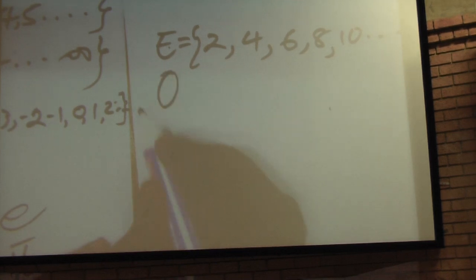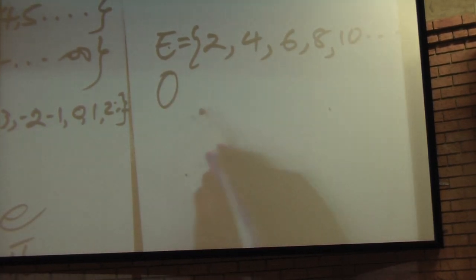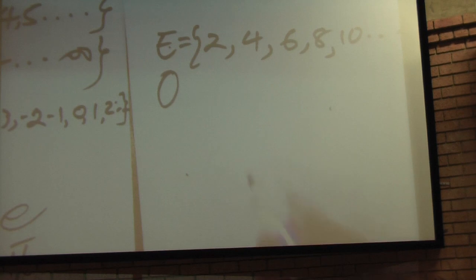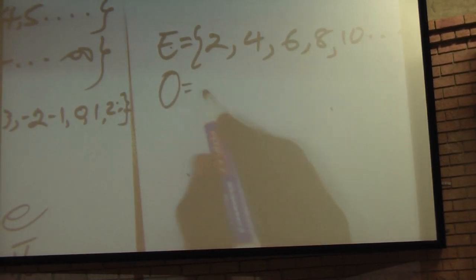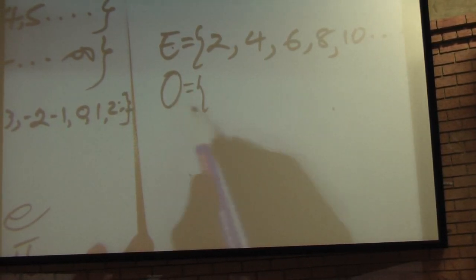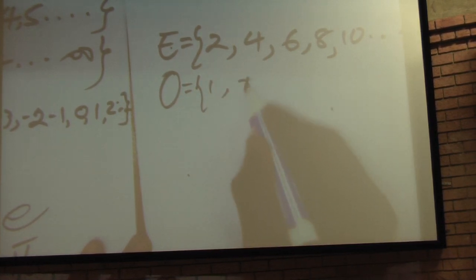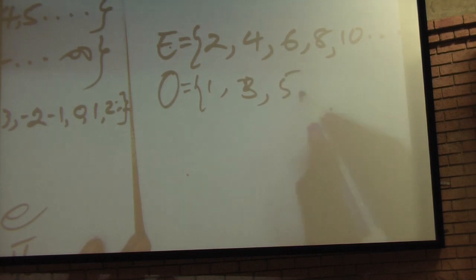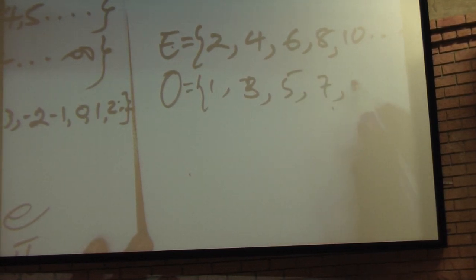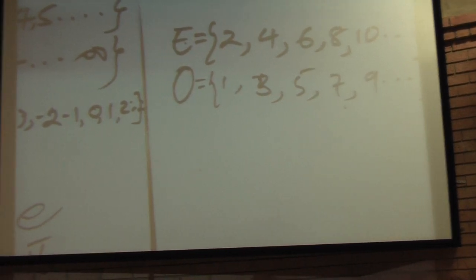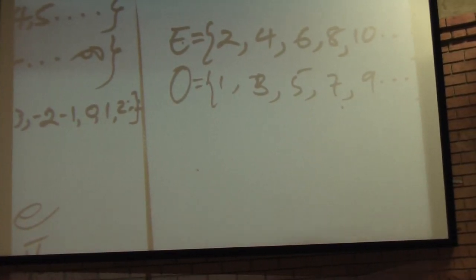And the set of odd numbers, if we use O, again, this is not a mathematical representation of odd numbers, but if we use O as a representation of that, odd numbers will be numbers like 1, 3, 5, 7, 9. In other words, these are numbers that are not divisible by 2. Those you also ought to know, because you teach your children these different sets.